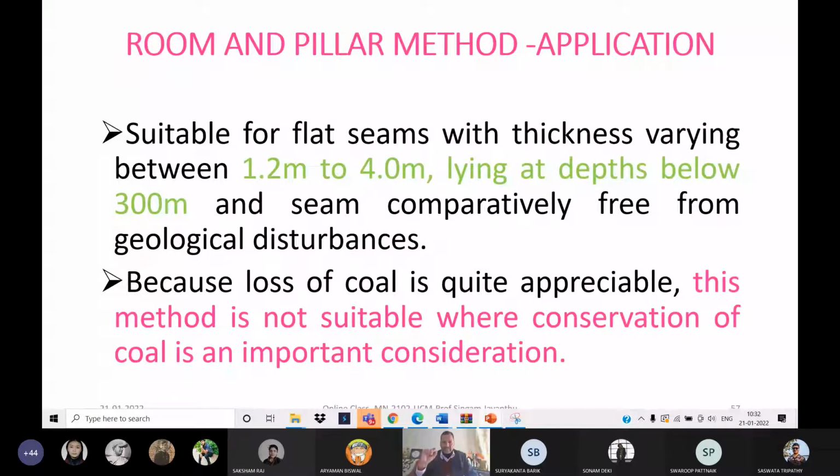What is that wrong here is, now you just imagine in conventional method, we can work up to 3 meter height very comfortably, right? Up to 3 meters height, very comfortably. And then that is the reason why even in the regulations, not only now, because this is also important topic to be discussed and you should understand it so that it should be kept in your mind throughout your life.